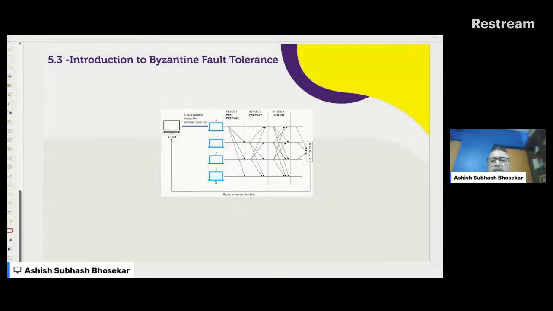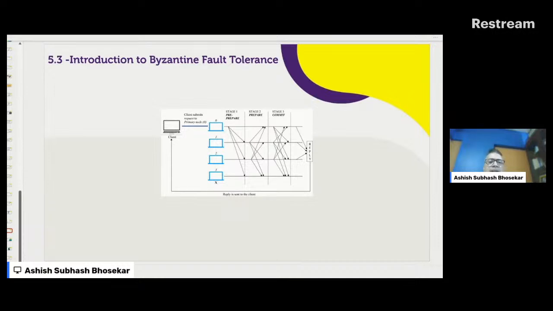So BFT is a property of a distributed system that ensures agreement even in the presence of faulty or malicious nodes. It is particularly important in permissioned or private blockchains where the participants are known and can be trusted to some extent.